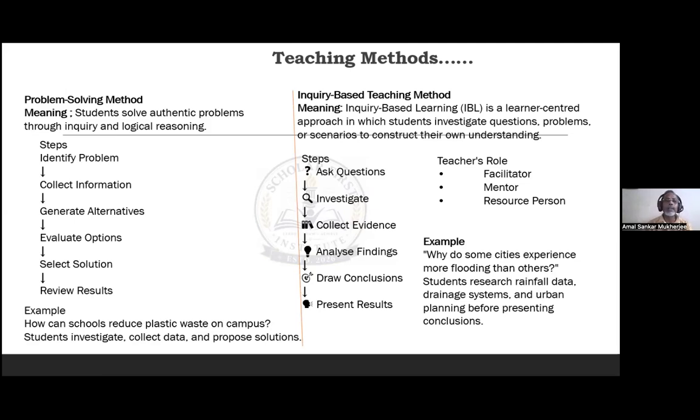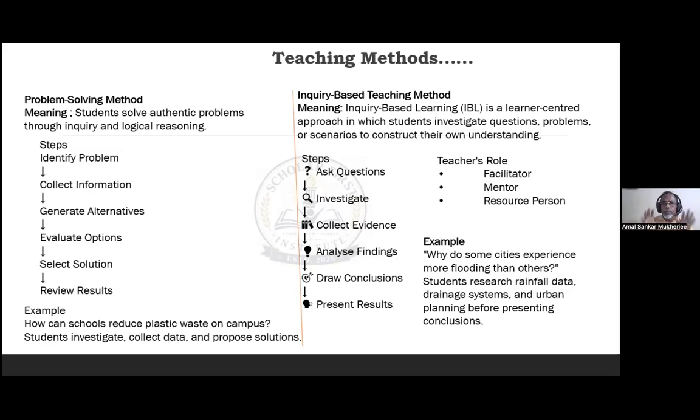And the problem is assigned to the students to identify the exact causes or conditions of the problem, to do the analysis, to evaluate it, and to find out the solution.